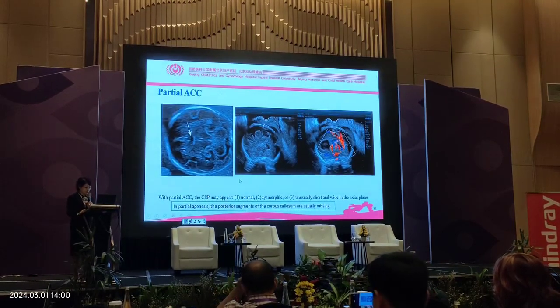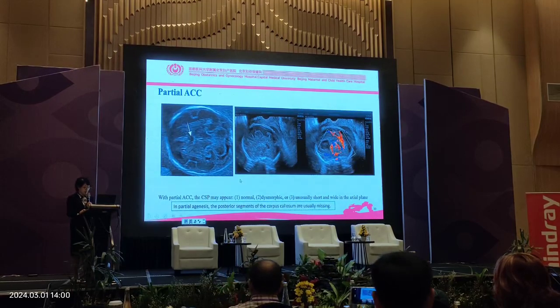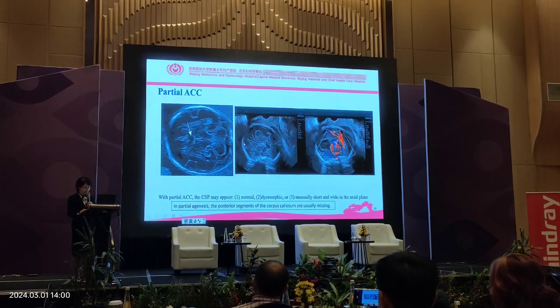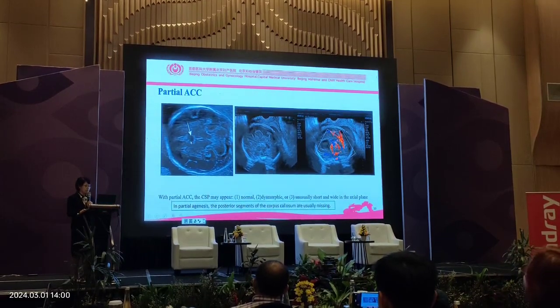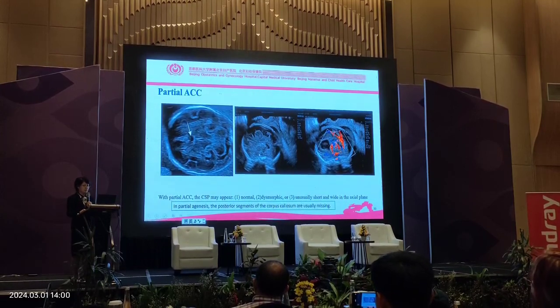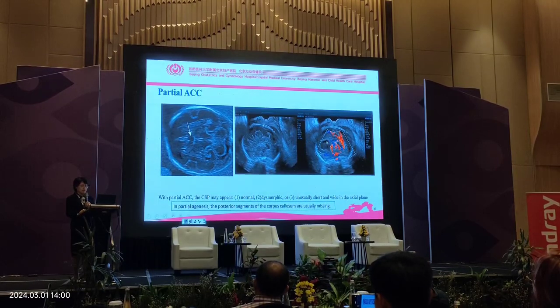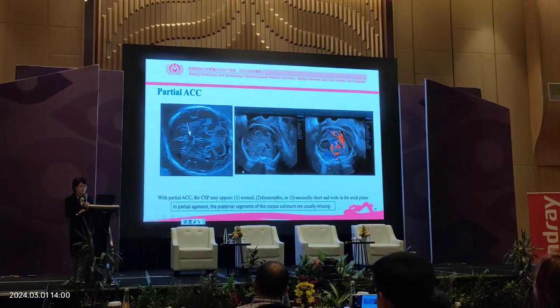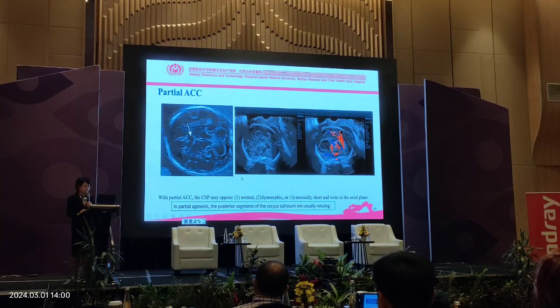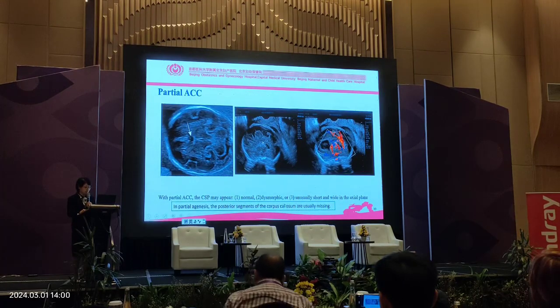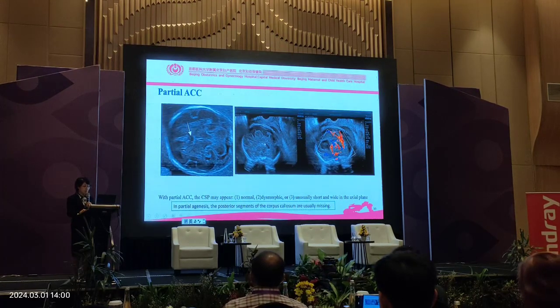This one is for partial ACC, agenesis of the corpus callosum. We can see a different shape, and we can see the artery course. Usually we can see this short corpus callosum.